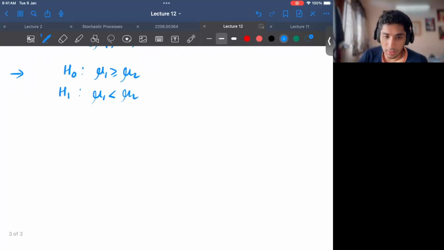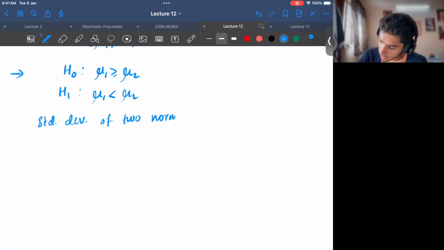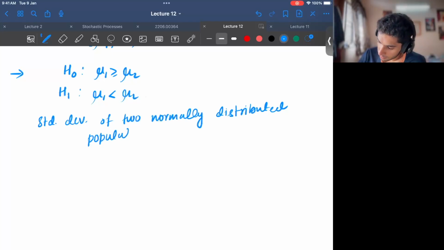Now here what you need to know is that the standard deviation of two normally distributed populations are equal.